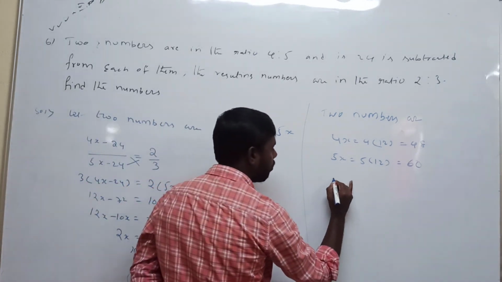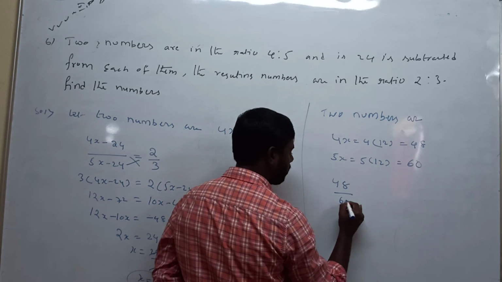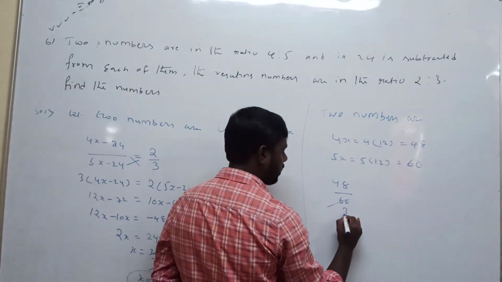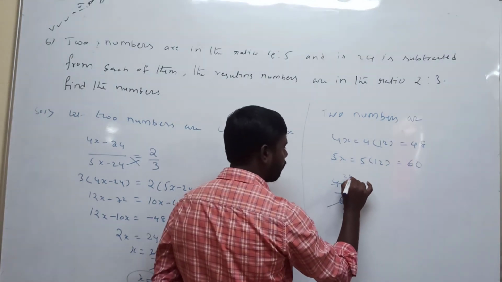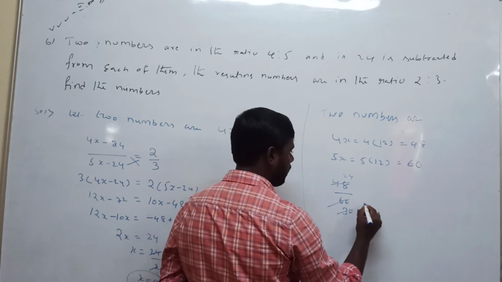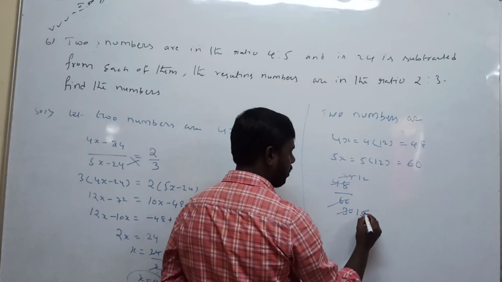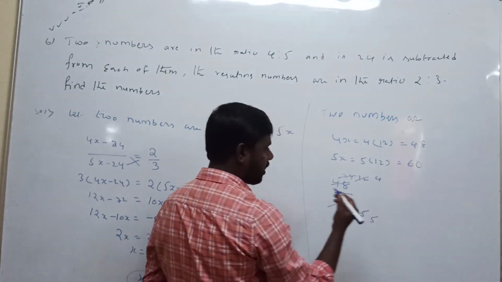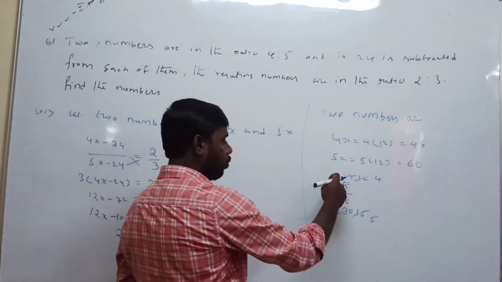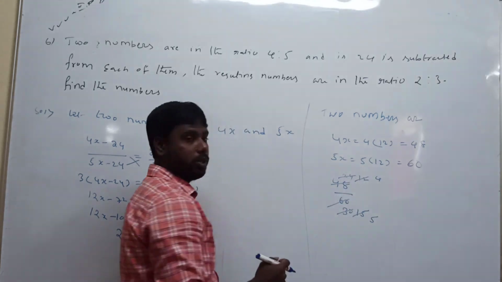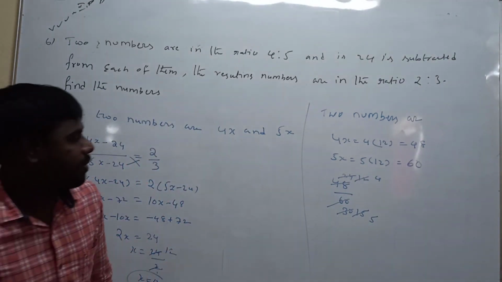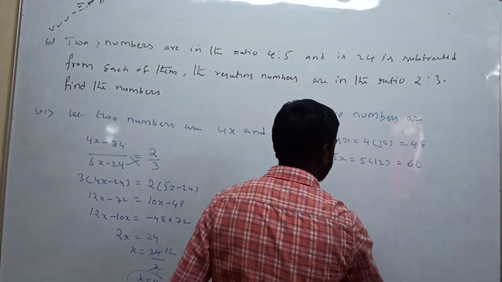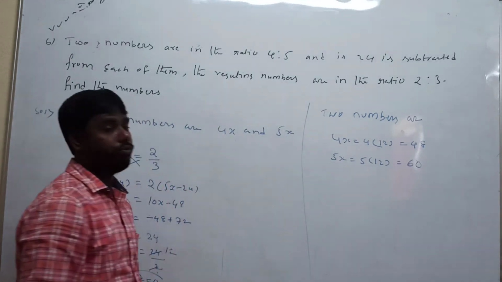So take 48 by 60 and divide: 48 by 60, divide by 12, we get 4 by 5. So 4 is to 5 is the answer. The final answer is 48 and 60.